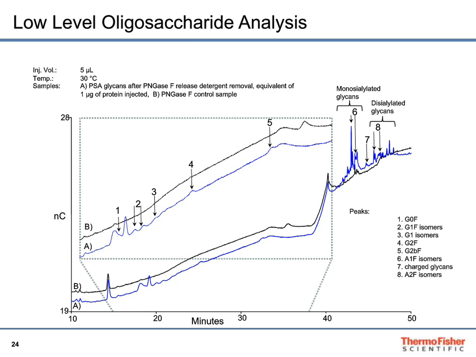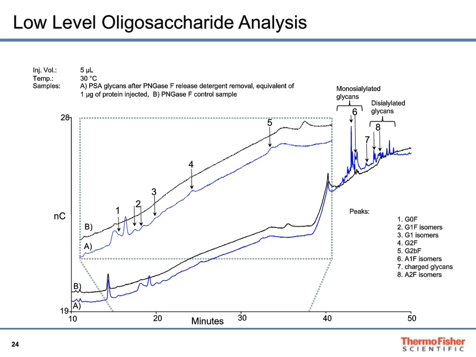So as we see, this is the total screening separation I described in the top panel of the last slide. And I've blown up this portion of the separation, where you see the dotted lines, to show the neutral oligosaccharides. The black trace there is just the PNGase F blank. The blue trace is the PNGase F digestion of the PSA.